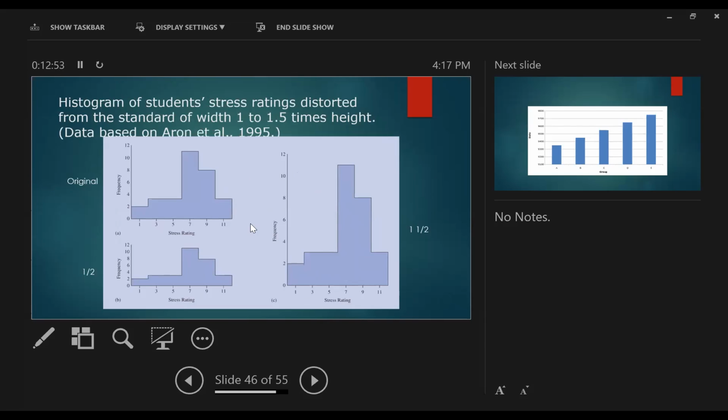This is a histogram that shows the student's stress rating distorted from a standard width to 1 to 1.5 times in height. You can see the frequency here and the stress rating. You see how they've stretched it out? Does this seem more impressive? Like, whoa, they're really stressed out. Again, not that this does not indicate stress, but by stretching it, you're getting visual information that says this is way worse.